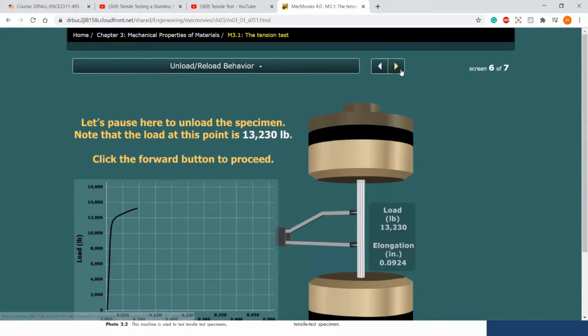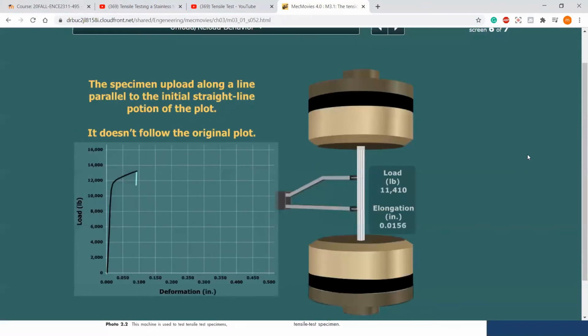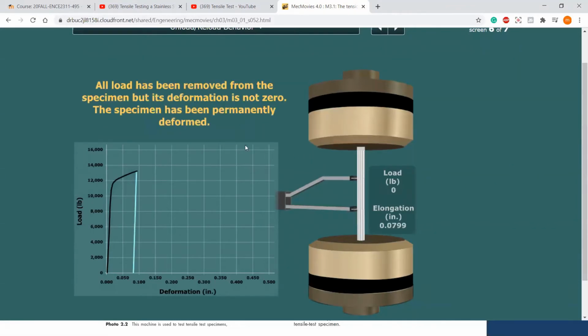Let's see if it's going to go back to the original point or it will have permanent deformation. As you can see, the specimen is having permanent deformation. All load has been removed from the specimen, but its deformation is not 0. The specimen has been permanently deformed, like I said.